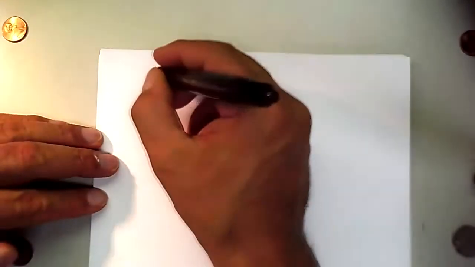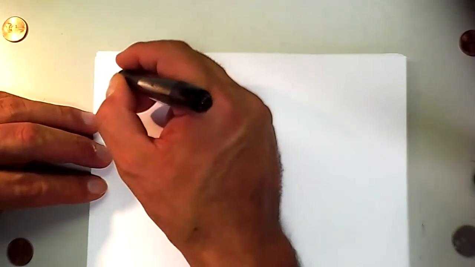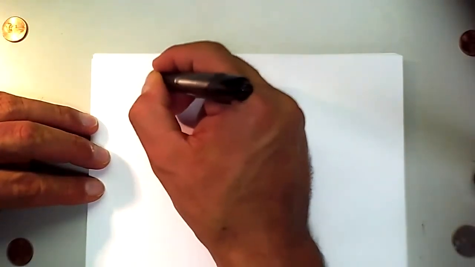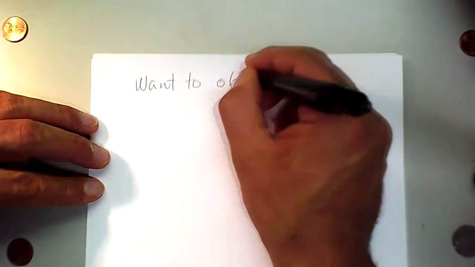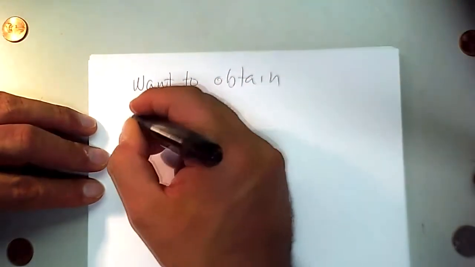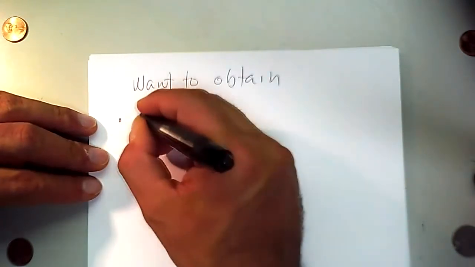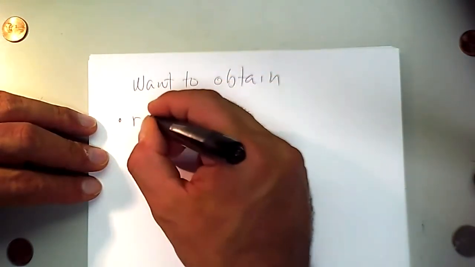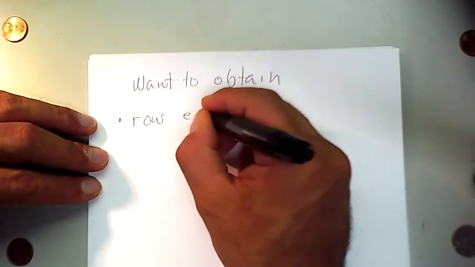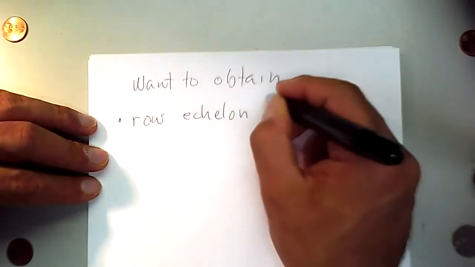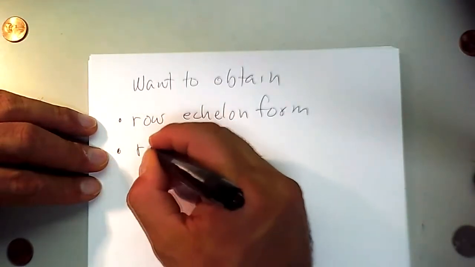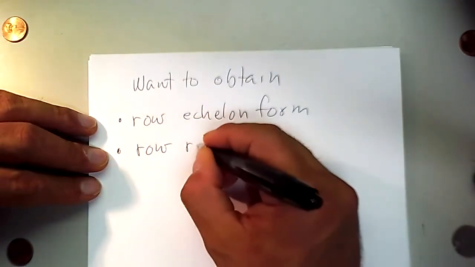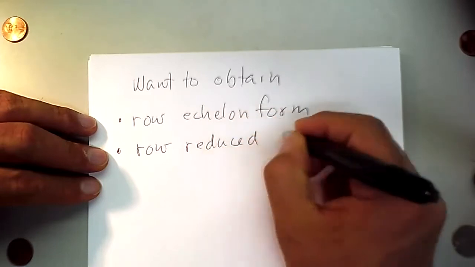So there are two possible goals. One is to obtain what is called the row echelon form of a matrix, or even better, the row reduced echelon form.